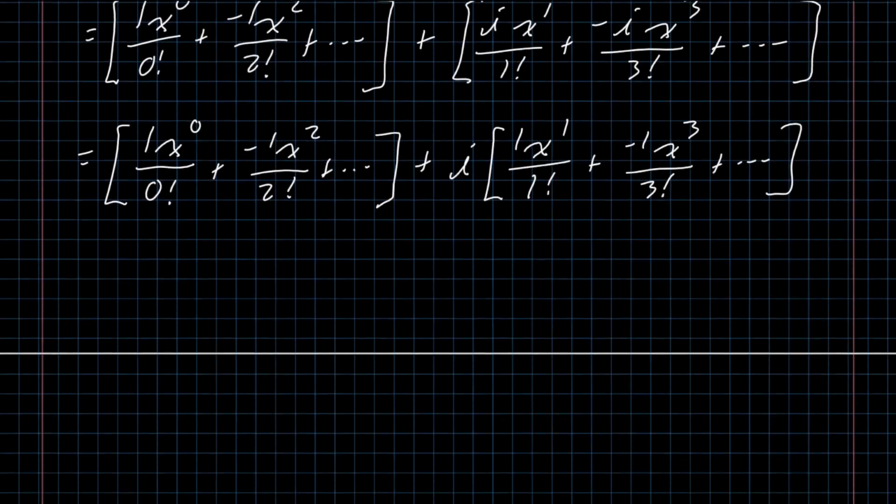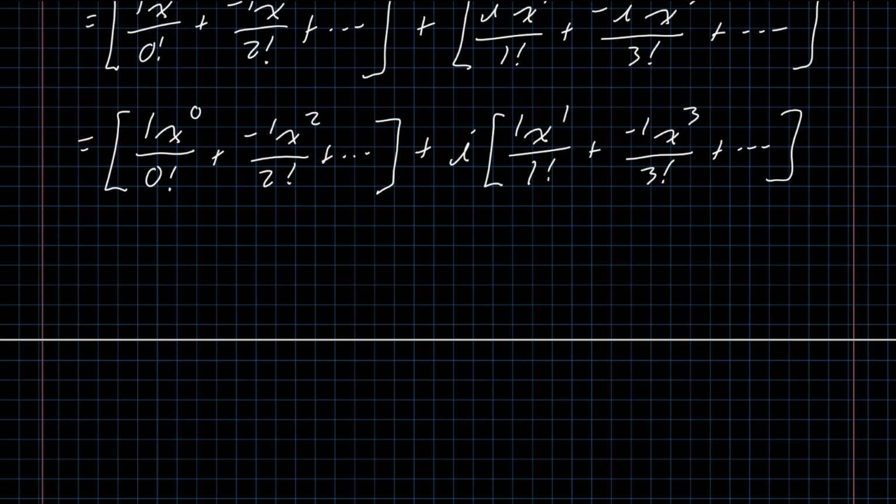And we end up with a fairly nice pattern. In the first grouping, we have all of the even values of n in an alternating series.